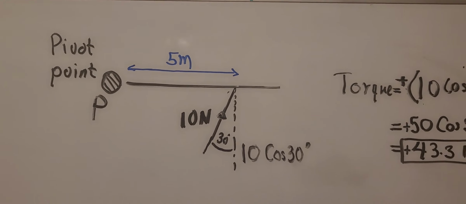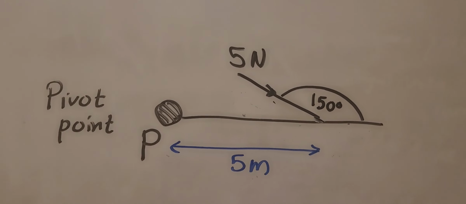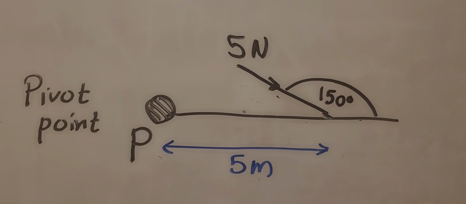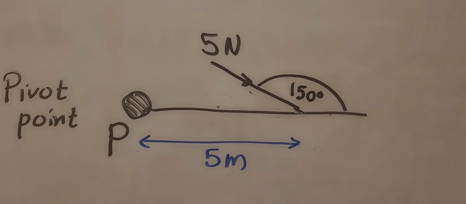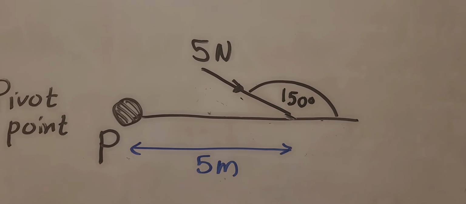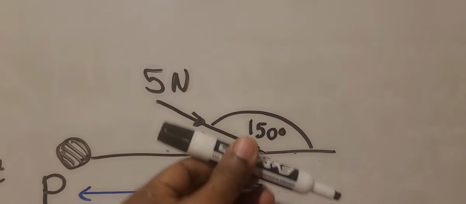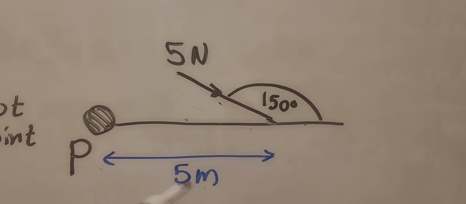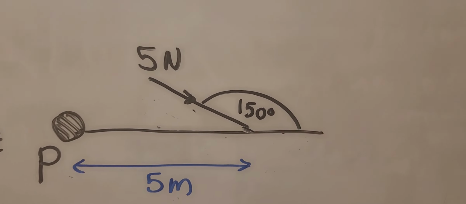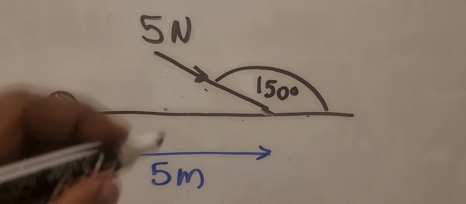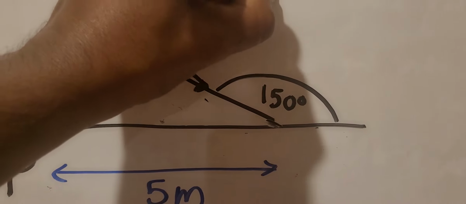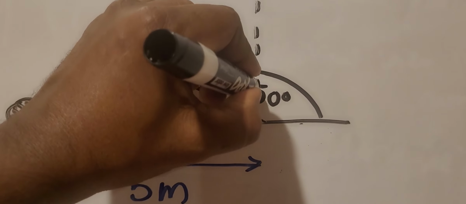So that's how you do this one. Then the last one, look at this one. Again, we have the pivot point. There's a distance of 5 meters. But that 5 Newton force is not perpendicular to the distance of 5 meters. So we need to find the perpendicular component of that force. Look at this again, it's trigonometry.